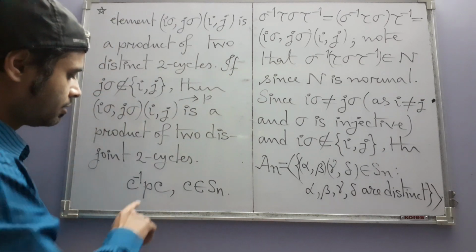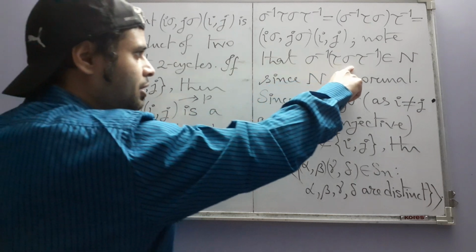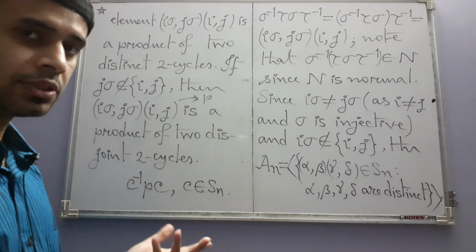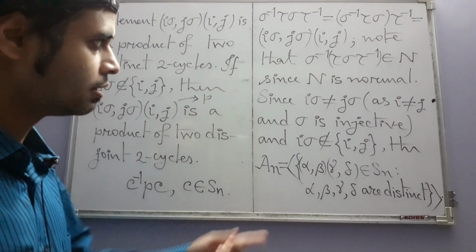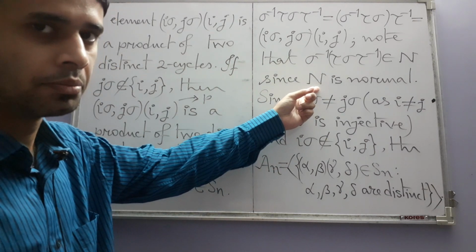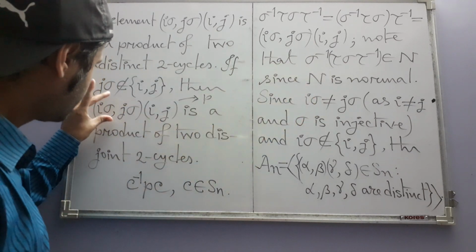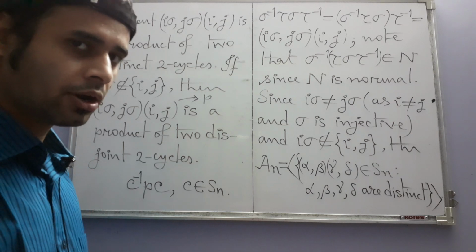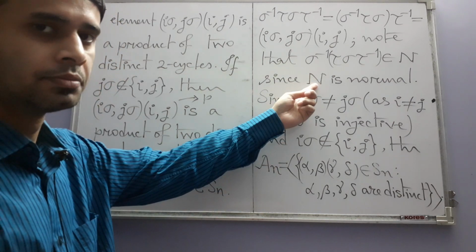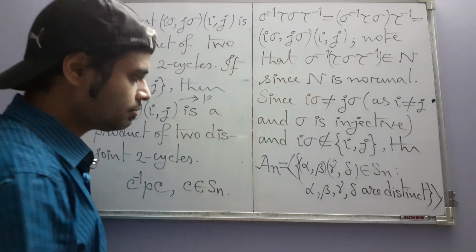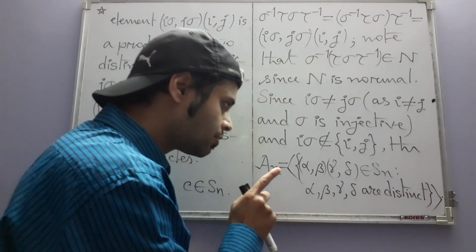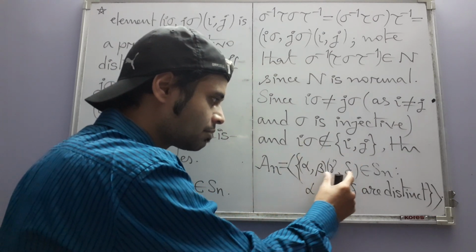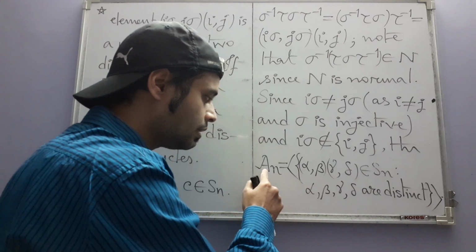Okay, but where is our P? Our P is in N. So C inverse PC, all of these elements will also naturally be in N, since N is normal. That means all products of two disjoint two cycles belong to N. Okay, but the subgroup generated by precisely such elements where each one is a product of two disjoint two cycles is An.